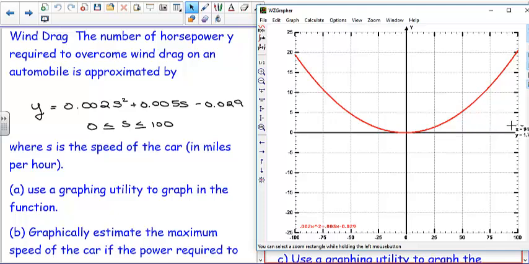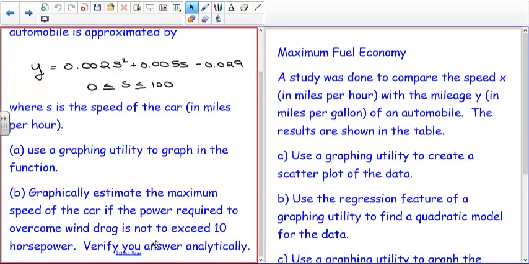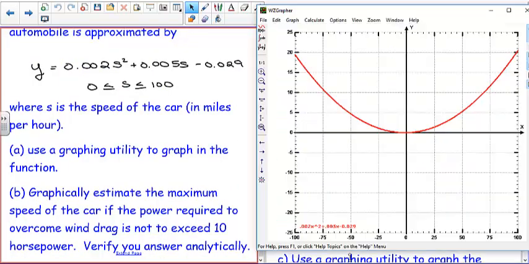You can see at 100 miles per hour, we get a horsepower of around 21. So it says graphically estimate the maximum speed of the car if the power required is not to exceed 10 horsepower.